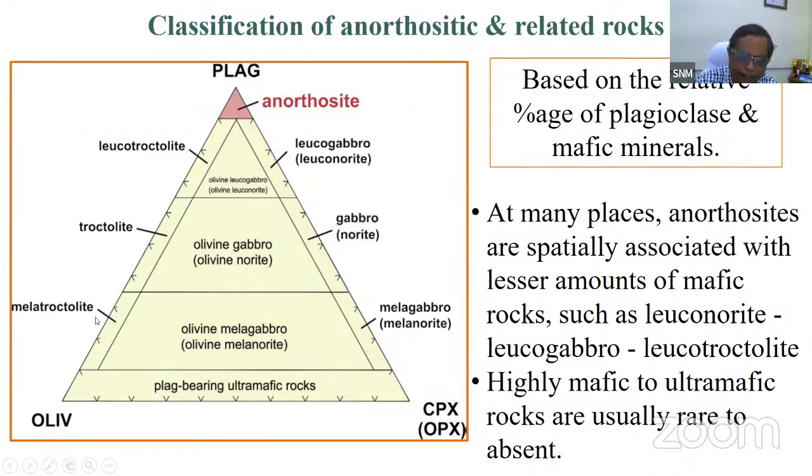So the terminology is based on the modal proportion between plagioclase, and on one side pyroxene and on the other side olivine. All the rocks are anhydrous, dry rocks. There is no phase containing a hydroxyl component in this mineralogy.